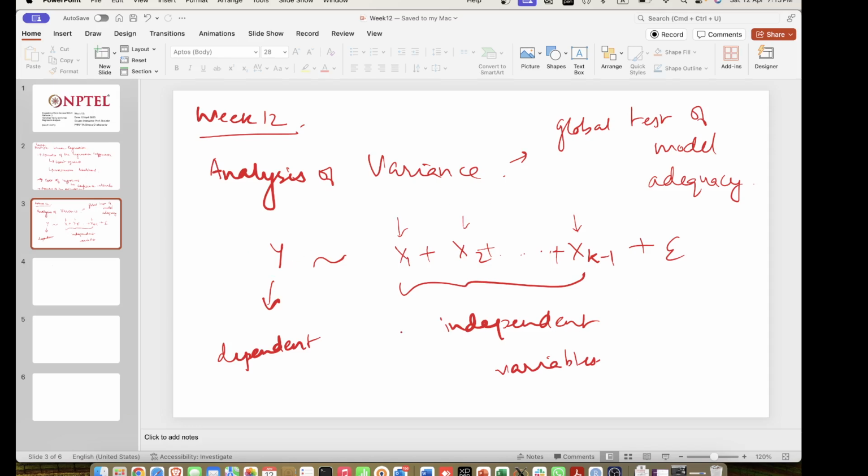This sort of testing framework is known as analysis of variance.